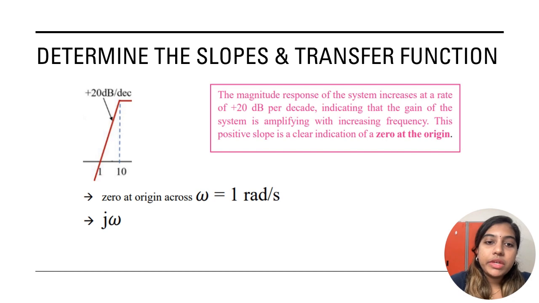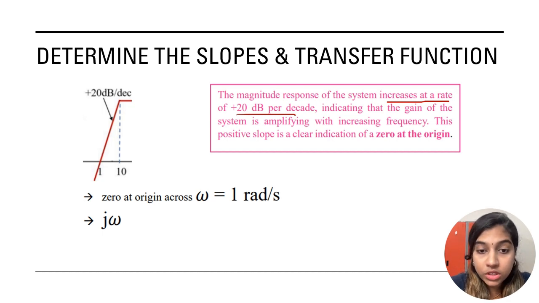The next step is we need to determine the slopes and the transfer function. So as you can see, in the first part of the bode plot given, we can understand that the magnitude response of the system increases at a rate of 20 dB per decade. This indicates that the gain of the system is amplifying with increasing frequency.